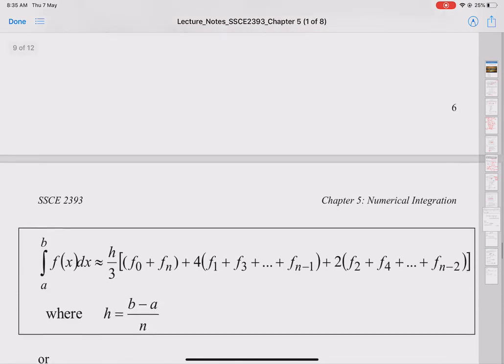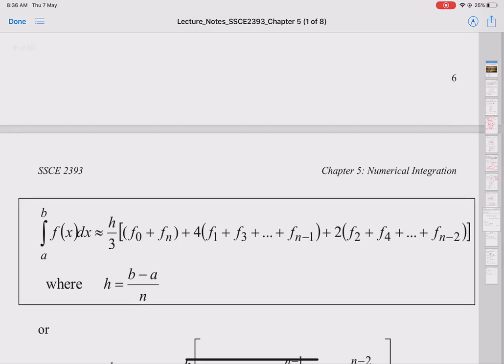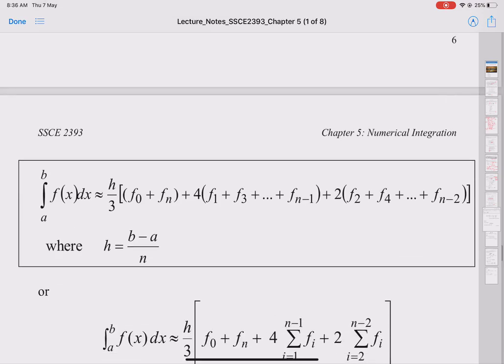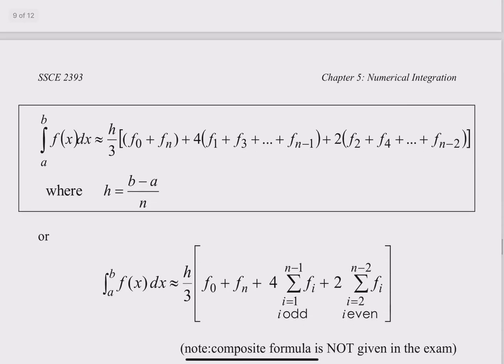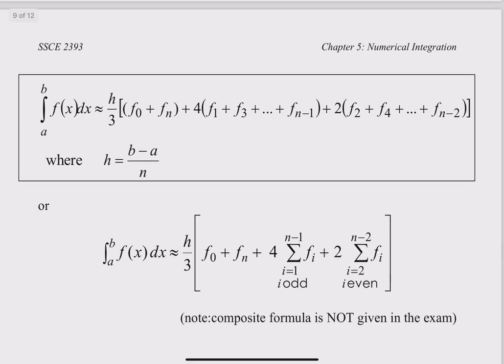And then after that, you will get the composite formula or general formula of the 1/3 Simpson rule, or maybe it can also be written like this, the summation for i equal to 1 until n for the odd ones, and for the even ones, you must multiply by 2.